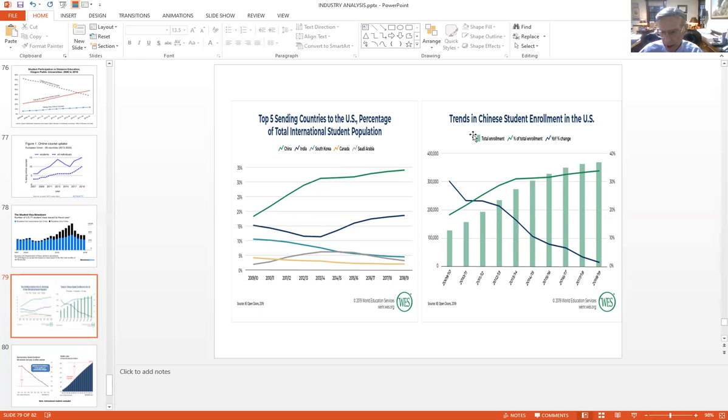On the other hand, the trends in the enrollment and the percent changes are really dropping. The blue line here is the rate of change, and the green line, like this one over here, is total enrollment. But you can see that the percent change has really dropped.